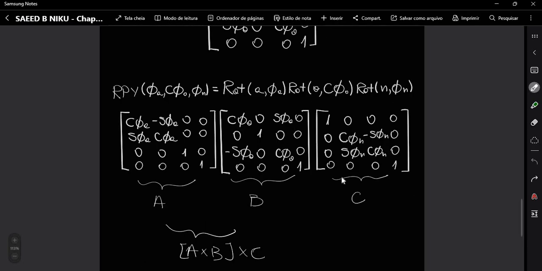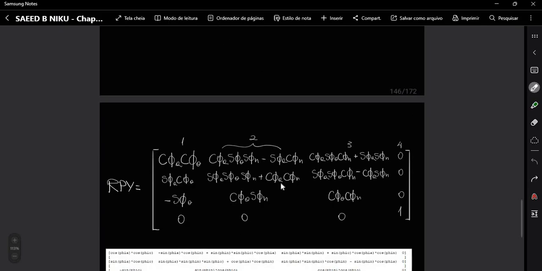All right, so applying both of these rotations, we get this characteristic matrix, RPY. So if we multiply both of these rotations, we get this total matrix.